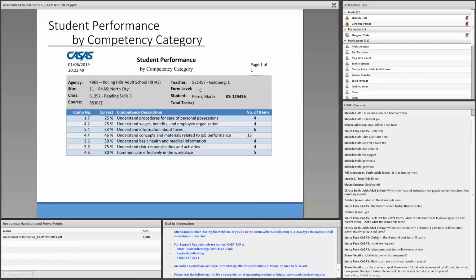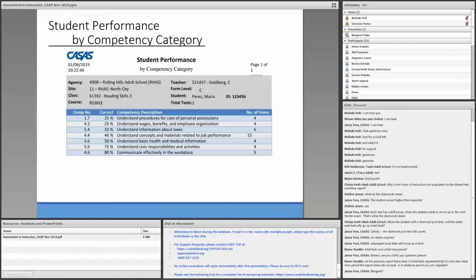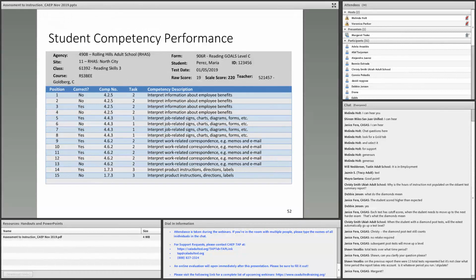Questions, let's see. Total tests over what time period? Not sure what you mean, total tests. Thanks, Janice, for putting that in. On the previous report, there were 13 total tests represented. What time period does the report take into account? I think you're talking about this report.